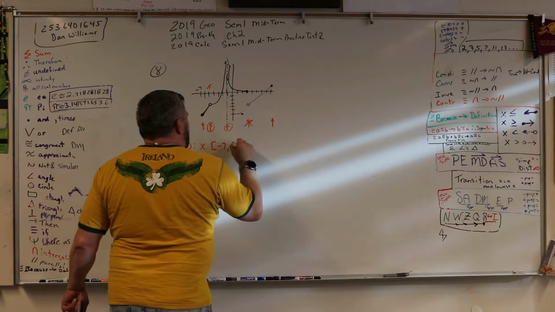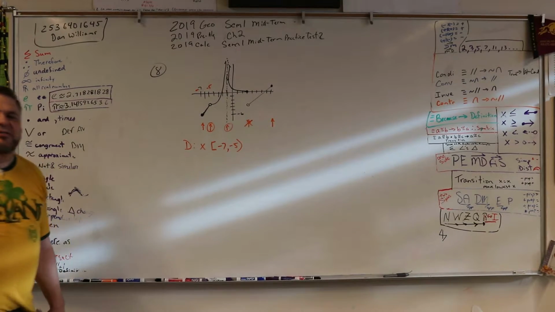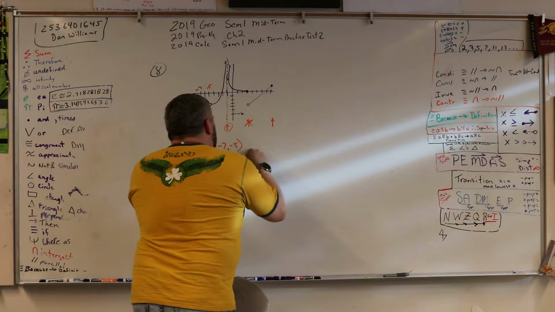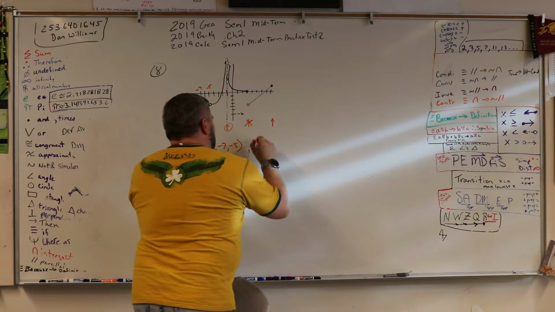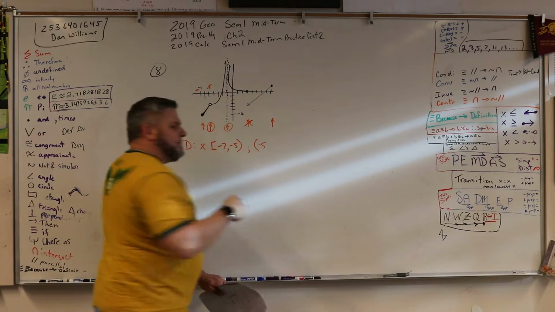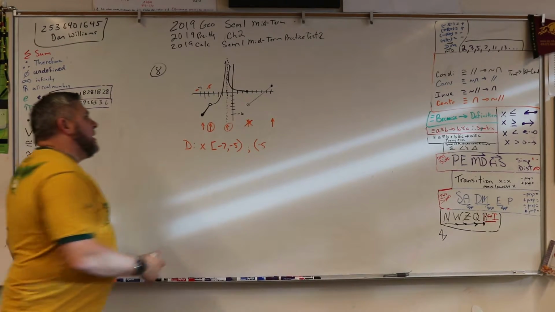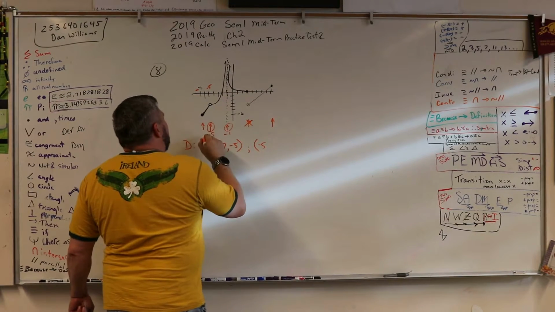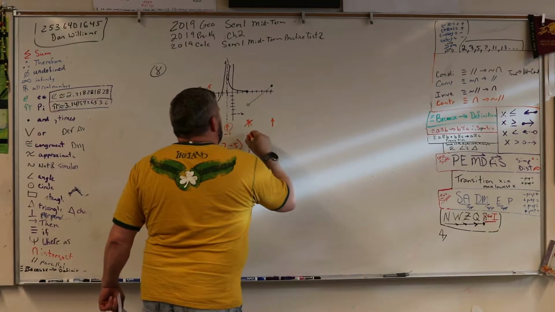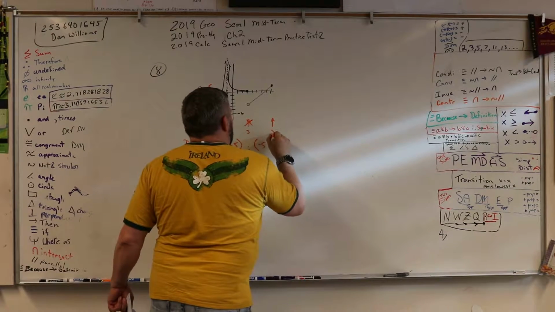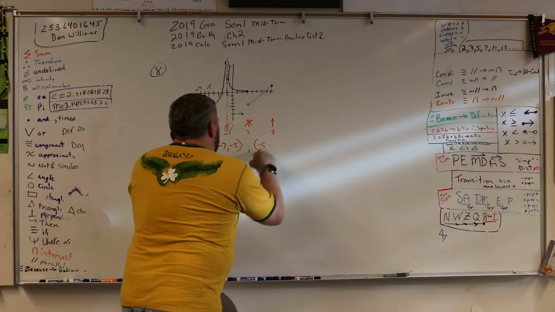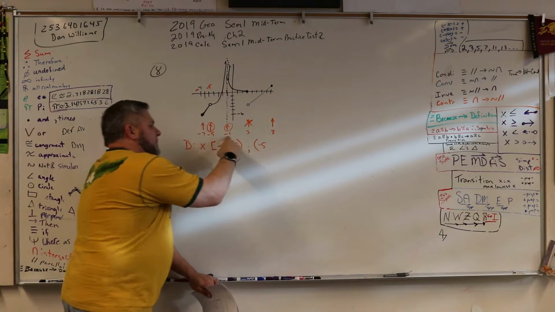But it does not equal -5, and that's why there's a soft bracket there at -5. Then from that -5, again it's soft because it can't equal, it's going to go to -1. So this is -5, this was -7, this is 3, and this is 8.